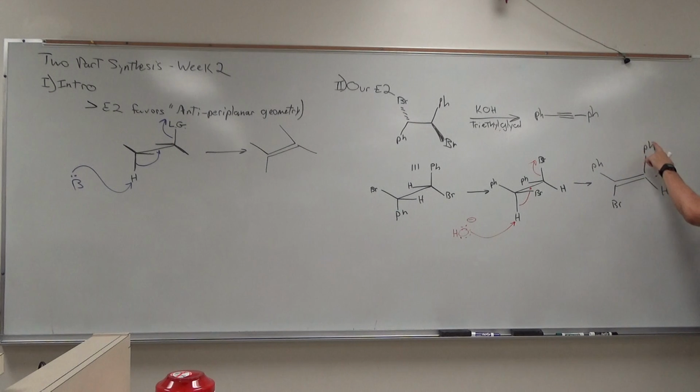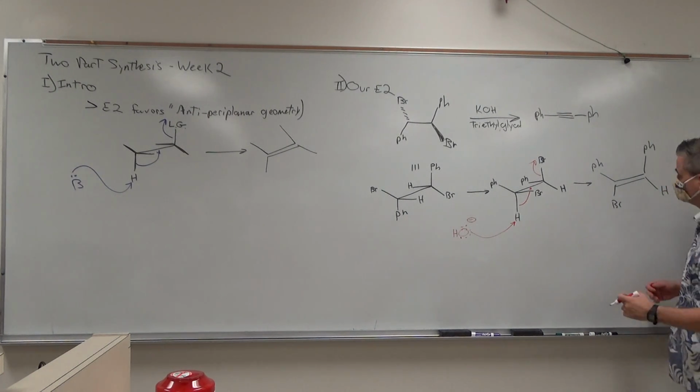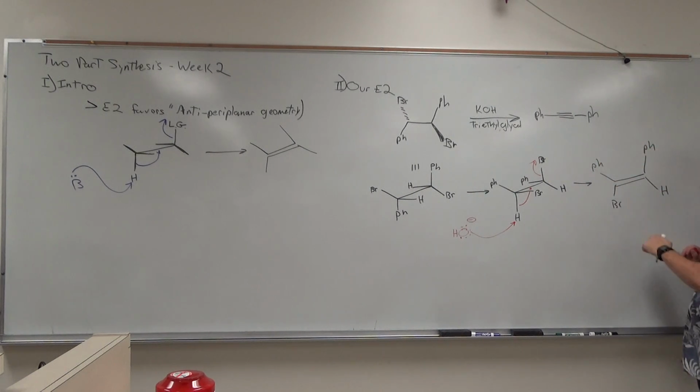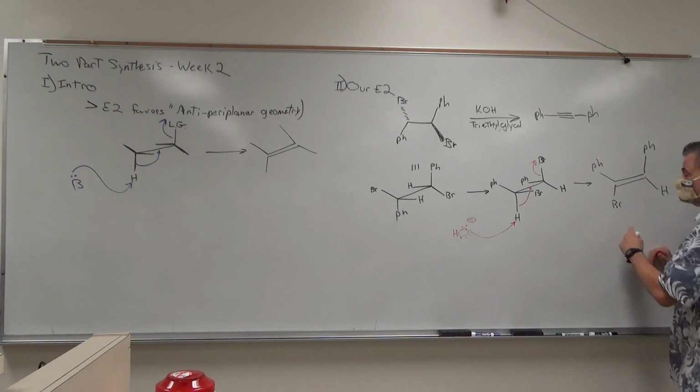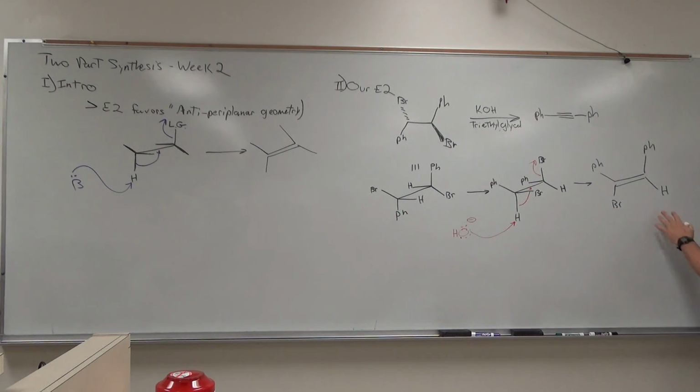You have a benzene ring there, you have a benzene ring there, they're connected by this double bond, so you can do resonance all day long with this intermediate. What that means is, in all likelihood, because of that conjugation, the energy of activation to do this first step and create all that conjugation is very low. But here we have a syn arrangement, so it takes the 190.